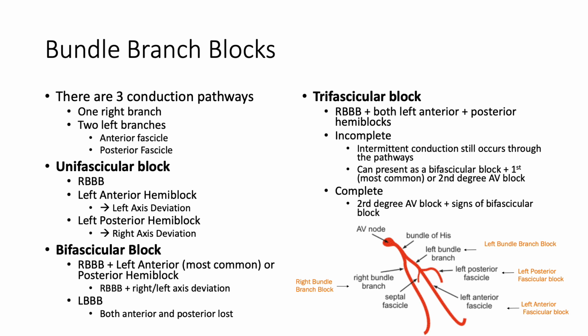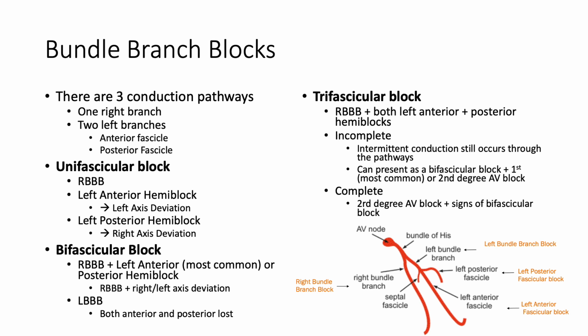The right bundle branch block will show how we worked it out before. It'll come up as an M in V1 and a W in V6. Otherwise, your left anterior hemiblock, which would be this big boy, is a left axis deviation, and your left posterior hemiblock will give a right axis deviation.